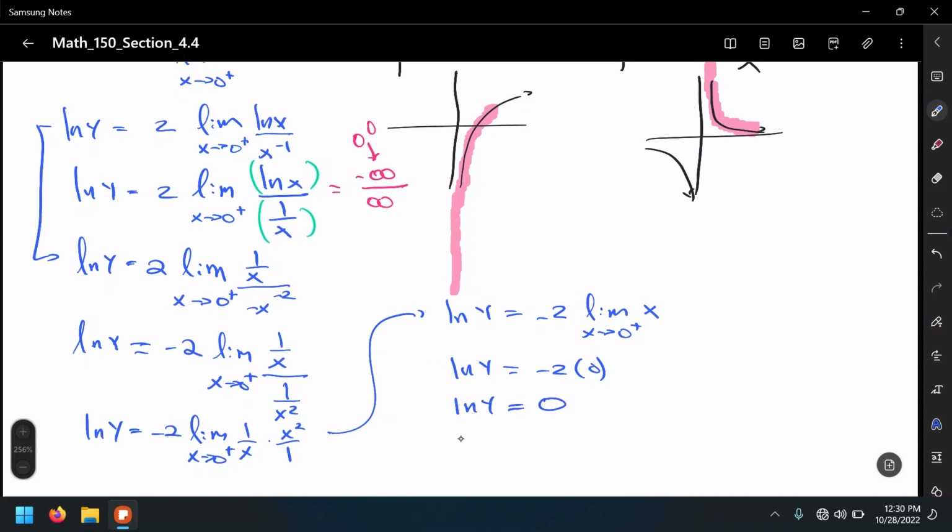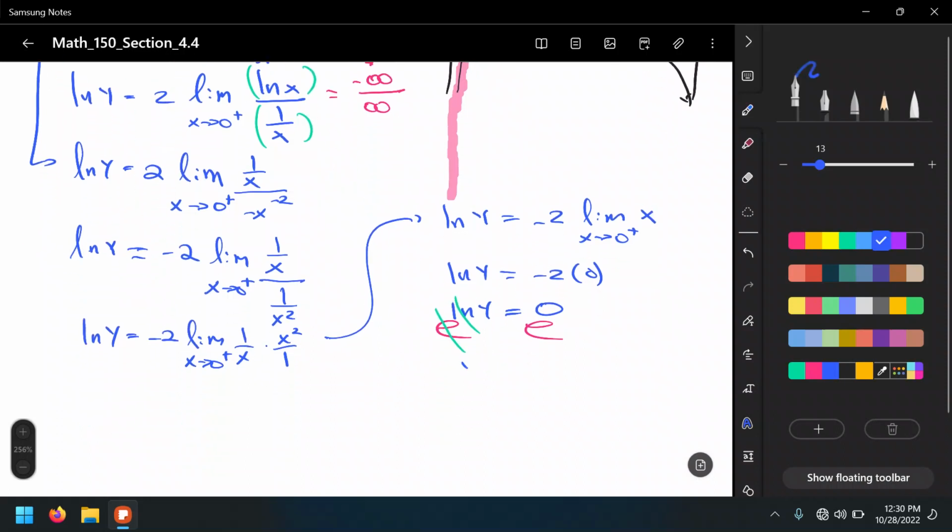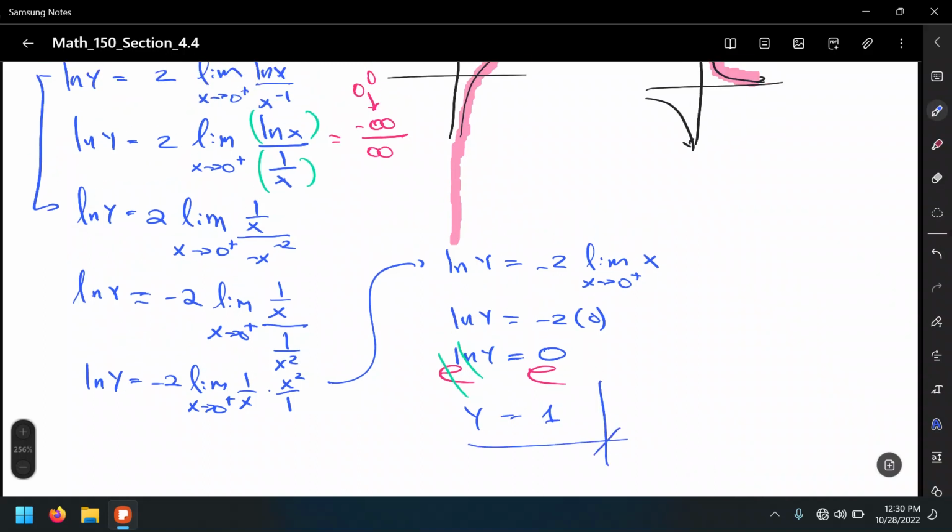That's 0. But that's not the answer. We need to exponentiate both sides. Cancel, cancel. What's e to the 0? 1.